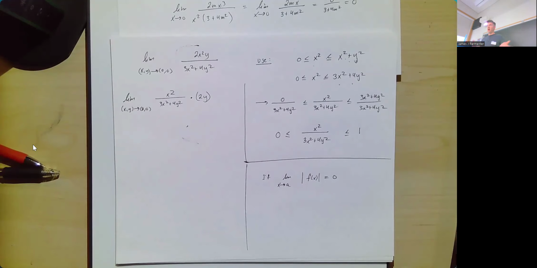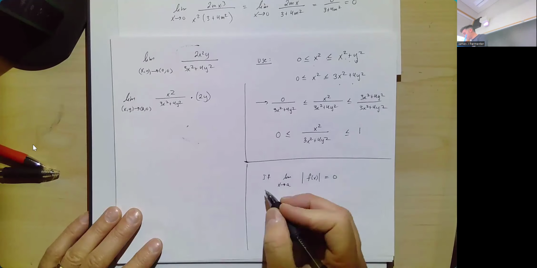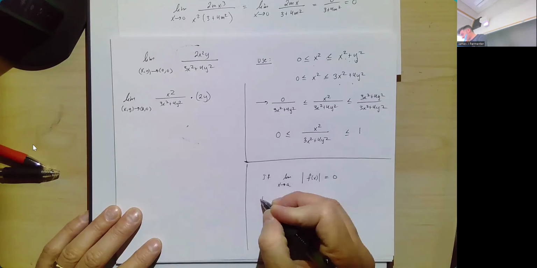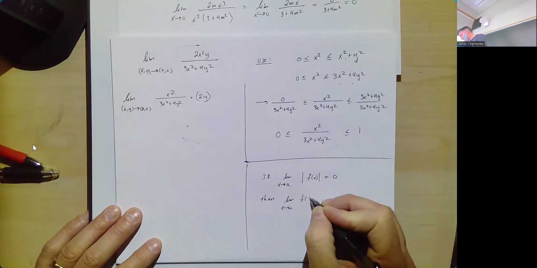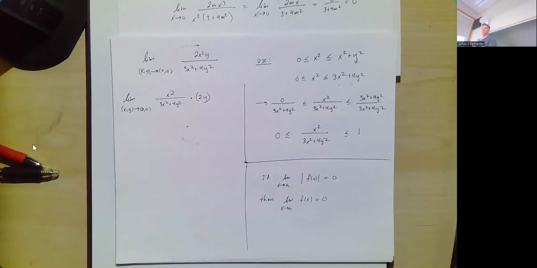Could it have been anything other than 0? No. The only way the absolute value gets to be 0 is if the insides are equal to 0. That's not true for any other number, right? If this limit was 5, then the insides could have been getting closer and closer to 5 or to -5. But 0 is the special standout number when it comes to the absolute value. So if this is true, then it also has to be true that the limit as x approaches a of just the insides was also 0.